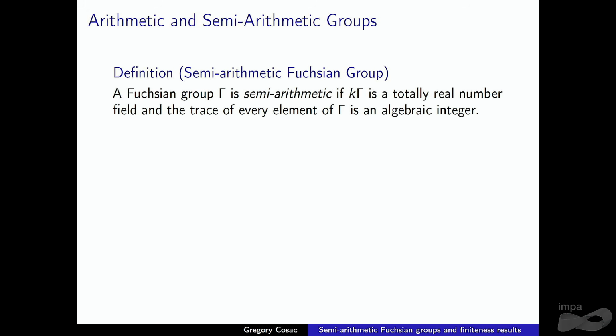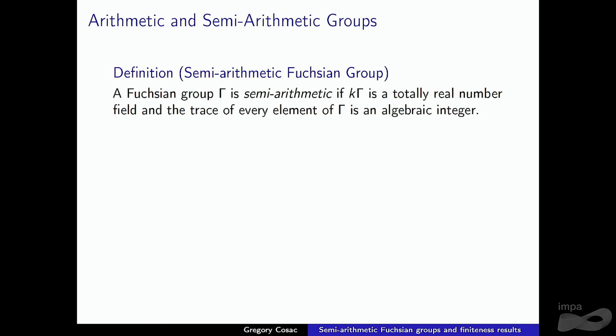You see just one sentence. That's it. So you say that a Fuchsian group is semi-arithmetic when the invariant trace field that you associate to the Fuchsian group is a totally real number field, and all the traces of all elements of gamma are algebraic integers.